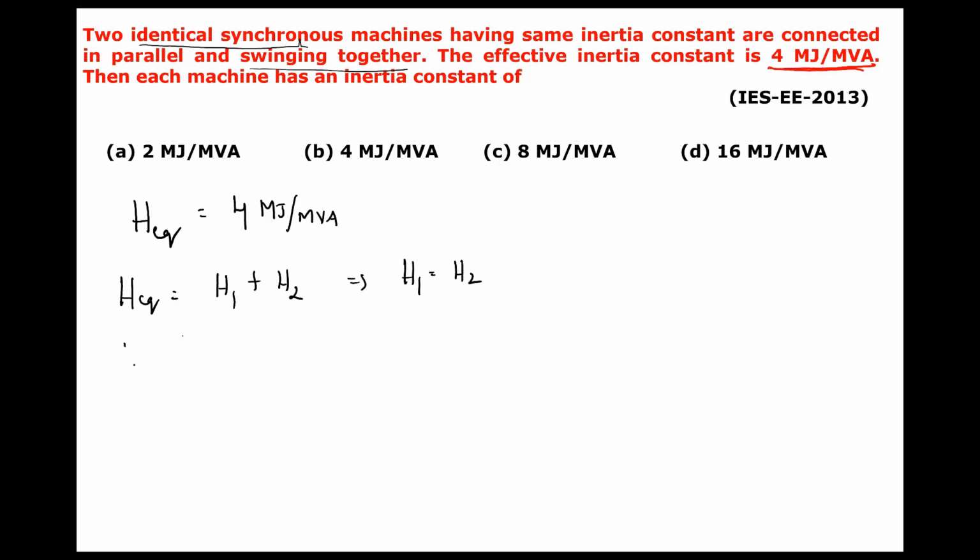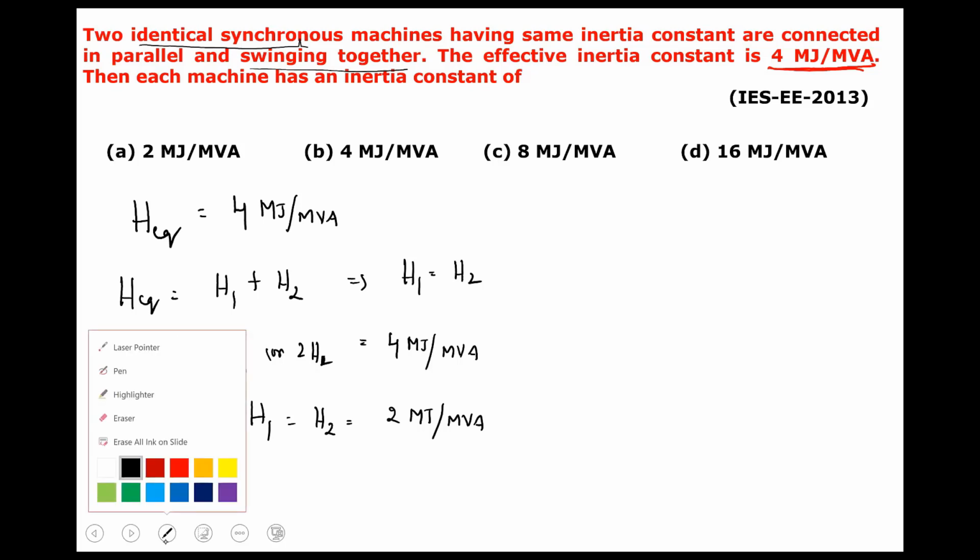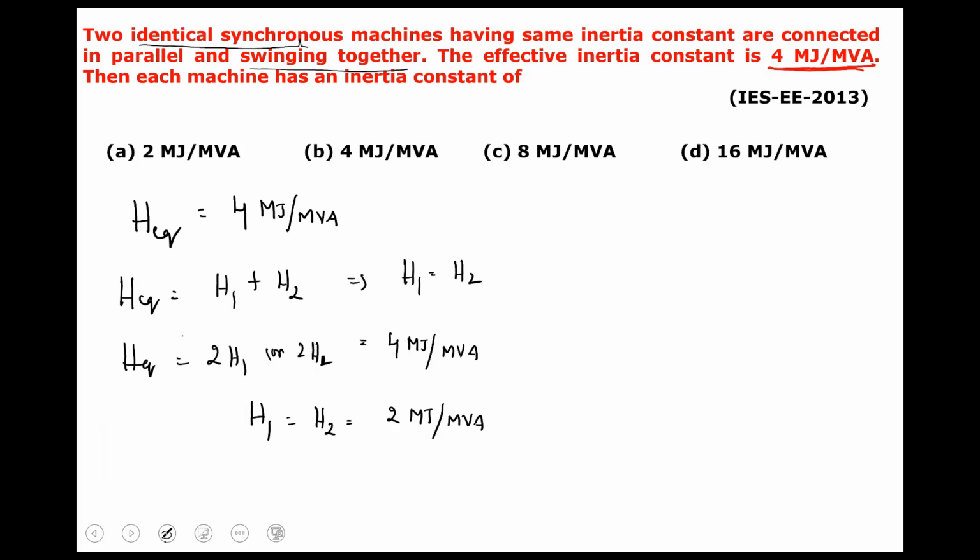So I can write this H equivalent as 2H1 or 2H2, which is equal to 4 megajoules per MVA. So then H1 equal to H2 equal to how much? 2 megajoules per MVA. Very simple, straightforward question. But you should know all these words. That is important. Understand?